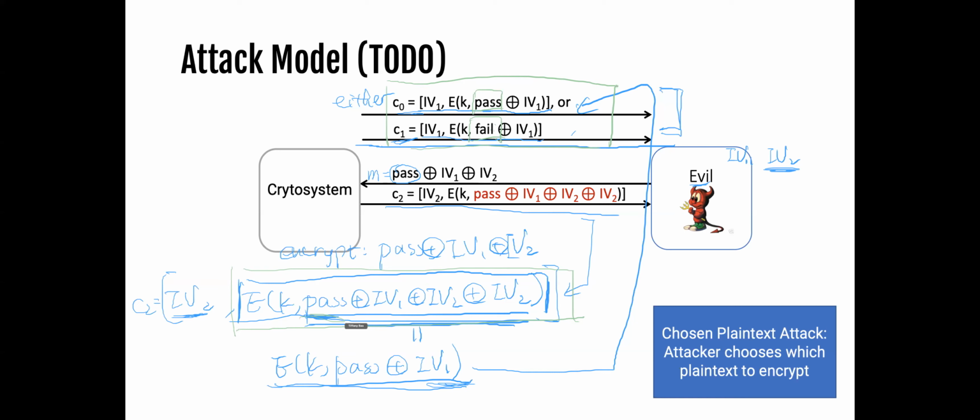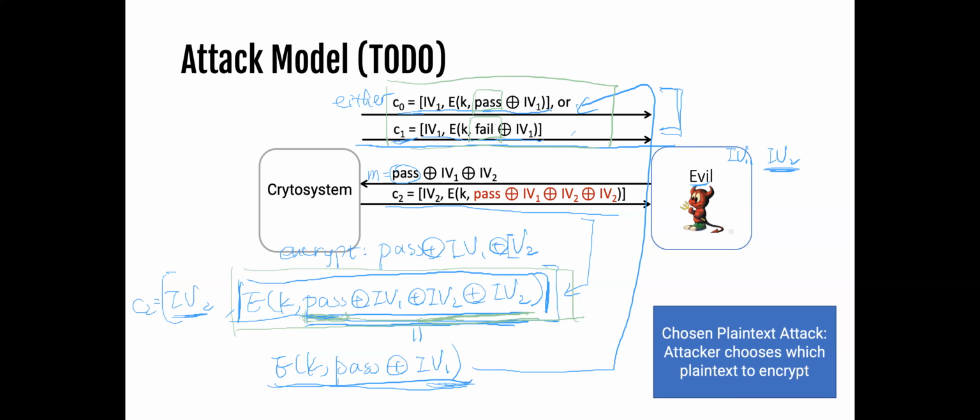So let's just assume that the previous message is pass, put one of the options, pass, over here, and then let the crypto system encrypt it. And because of this nice way of constructing the message, it just cancels out the effect caused by IV2. Does it make sense? Okay, yeah, I think I understand.